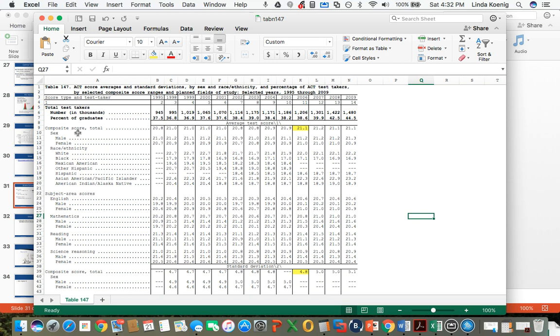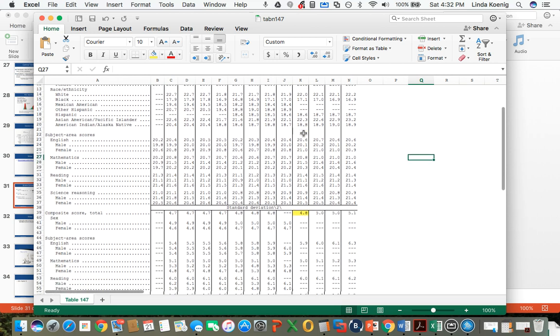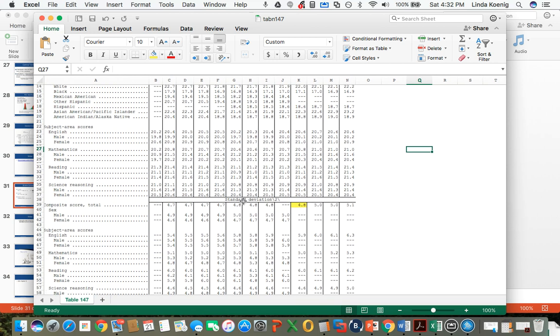It says that the mean or average for 2006 was 21.1, and for that year the standard deviation was 4.8.